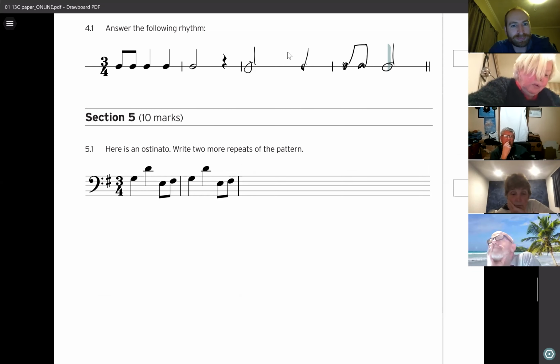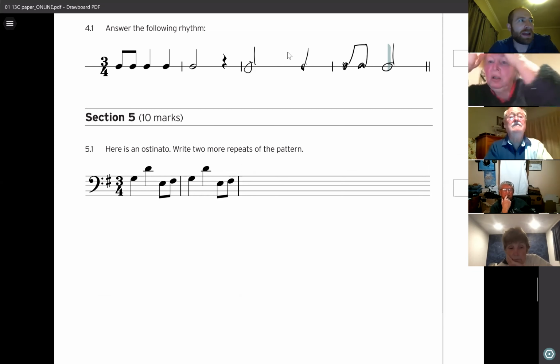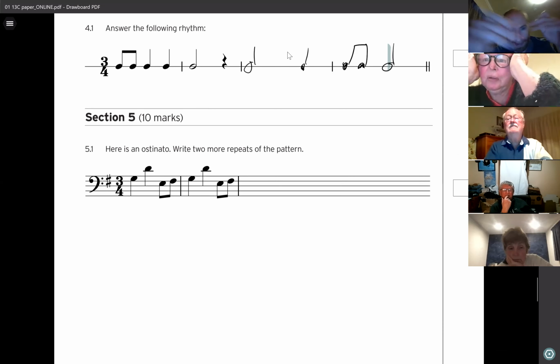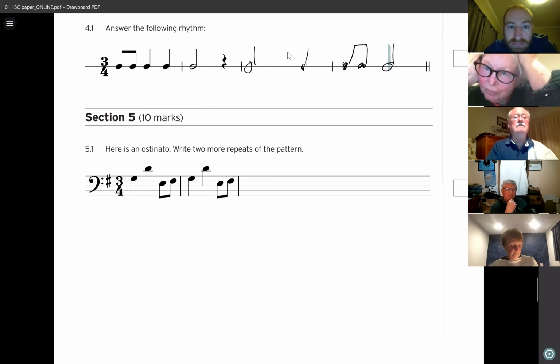It means stubborn. In music, it just means a motif or just a phrase which goes da da da da. So all it's asking you to do is just keep writing it.